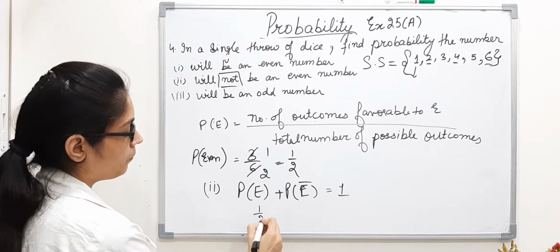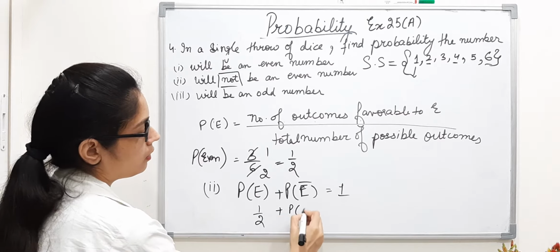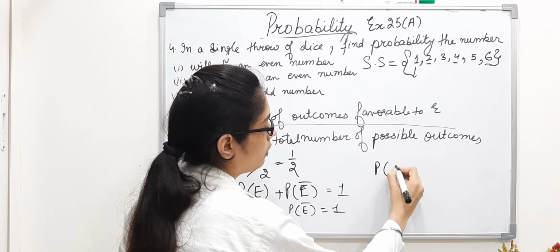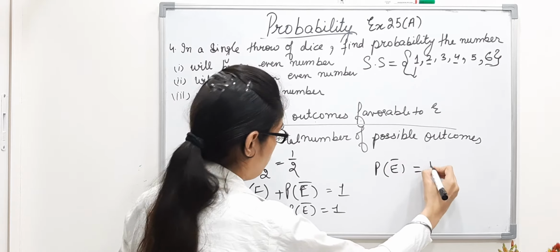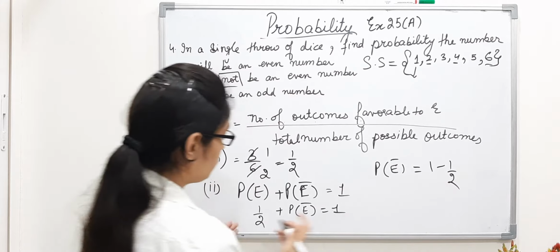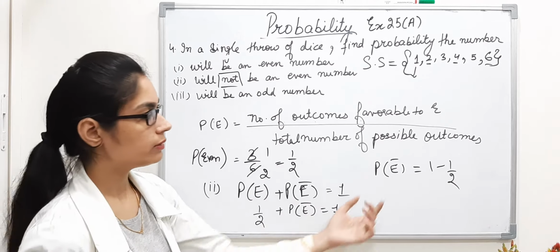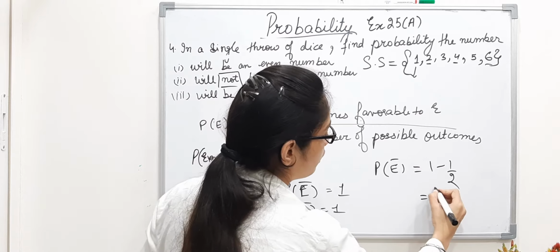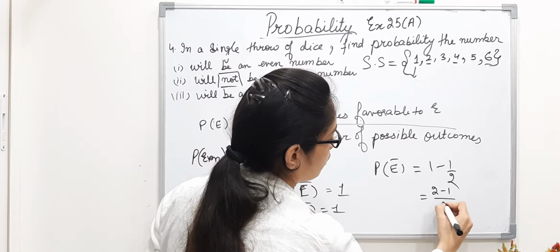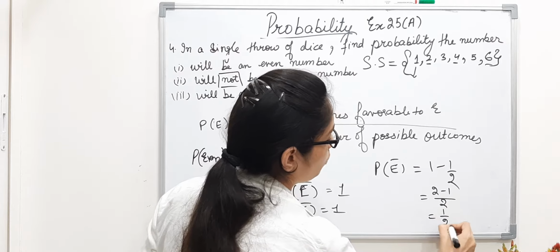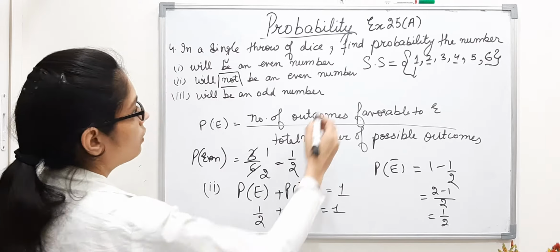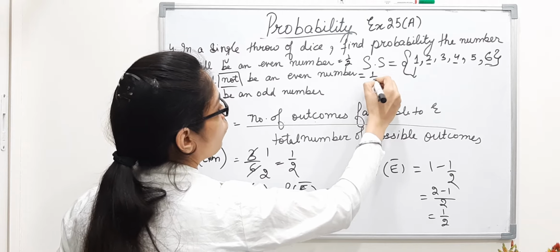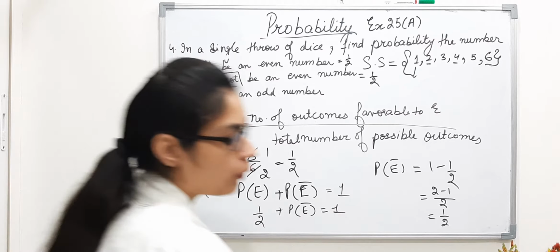P(E) plus P(E bar) is equal to 1. So P(E bar) will be equal to 1 minus 1 by 2, because this 1 by 2 I will shift to the other side, and on shifting it changes into minus 1 by 2. Now I will do simple subtraction and it will give me 2 minus 1, again 1 by 2. So the probability of not an even number is again 1 by 2.